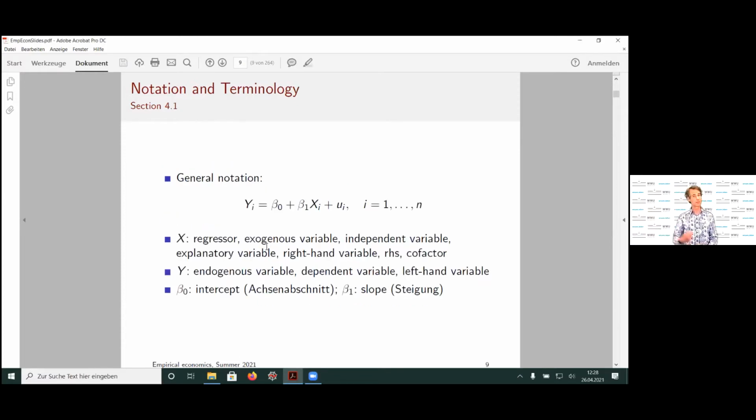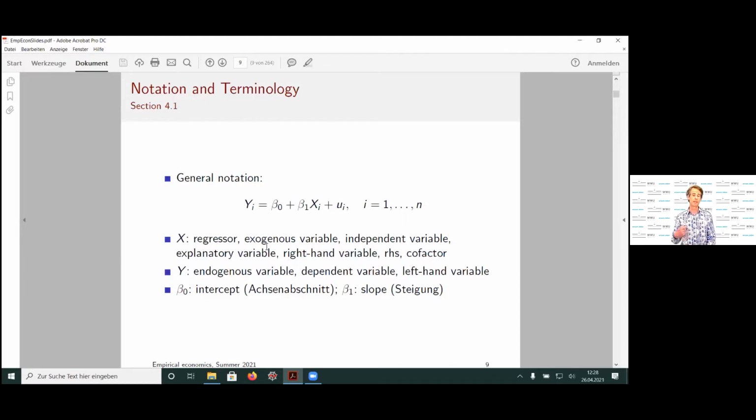Okay, and this linear relationship between class sizes and test scores is not only applicable for this particular example, it's generally applicable. So it could be applied to any two variables you are interested in, not only in education economics, but in any settings, be it microeconomics or macroeconomics.